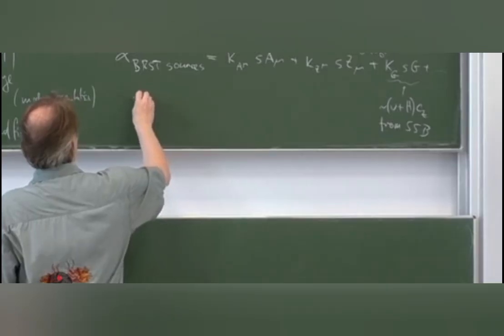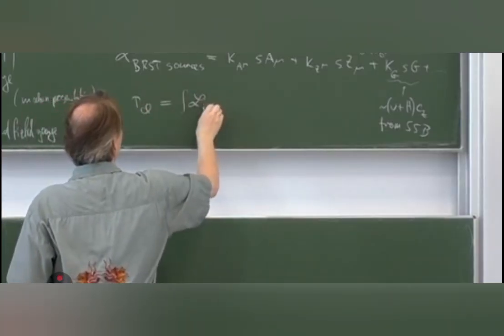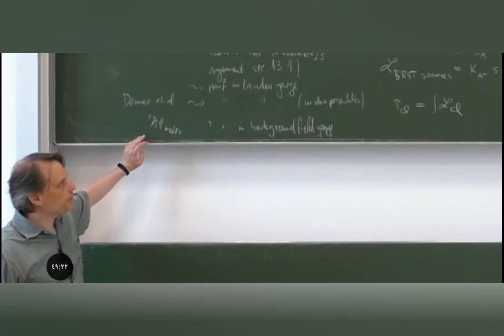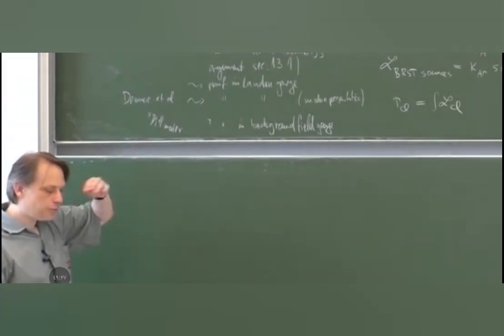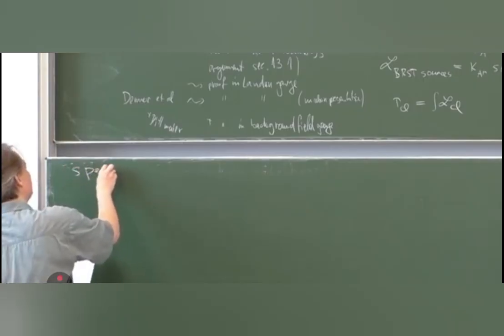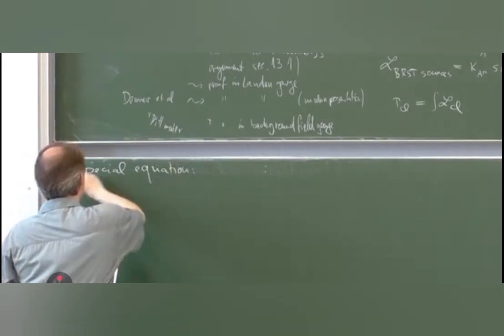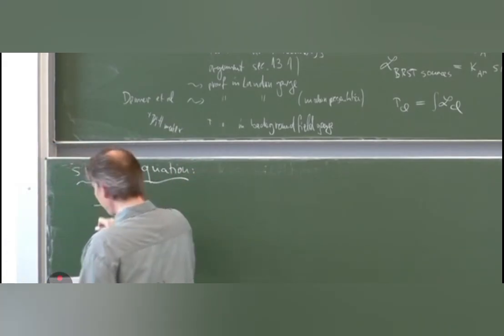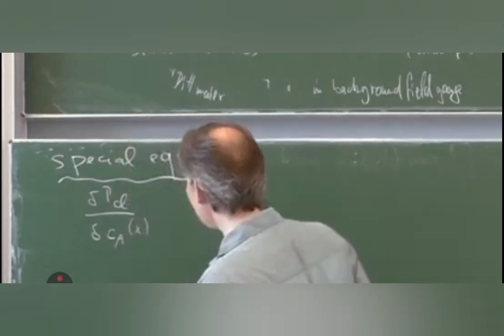Then Γ classical, as usual, denotes the classical action, the integral over the Lagrangian. Now, let us write down some special feature of Landau gauge. Namely, let us take the functional derivative of the classical action with respect to the photon ghost at x.